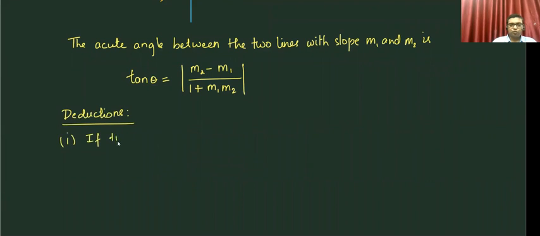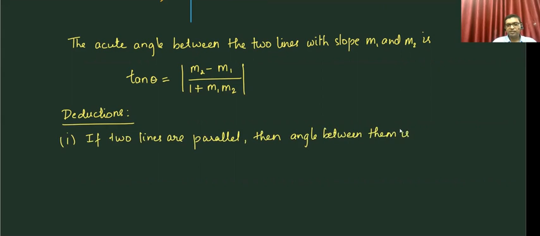If two lines are parallel, then the angle between them is zero, theta equal to 0.